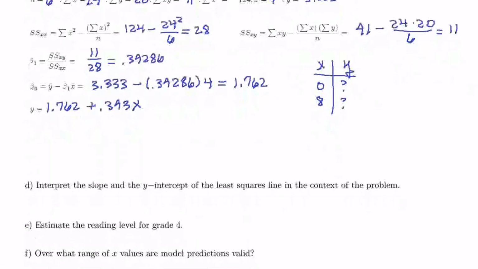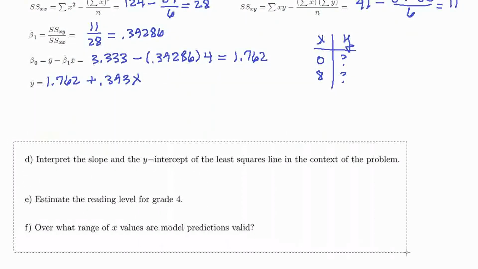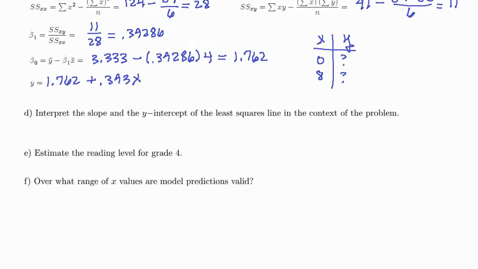And then next they want us to interpret the slope and y-intercept in the context of the problem. So remember, x is grade level and y is reading level. Our slope, I'll use our familiar m, is 0.393, and you can write that as 0.393 over 1. In the numerator, this is going to be a change in y over change in x, so change in reading level, and down here, the change in grade level.